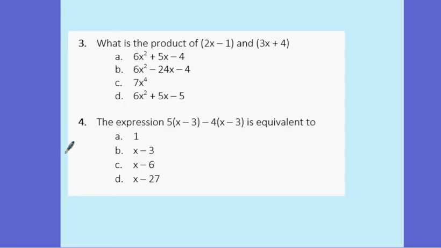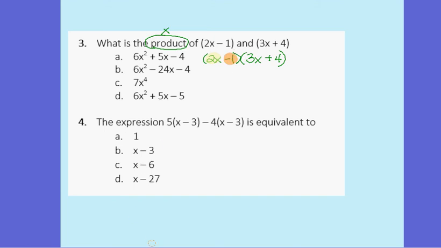Okay, what is the product of 2x minus 1 and 3x plus 2? We learned before that product means I need to multiply. So let's take a look at 2x minus 1 times 3x plus 4. There are two pieces in this polynomial, my first piece and my second piece.